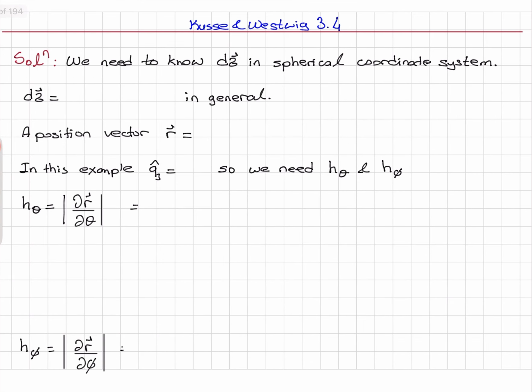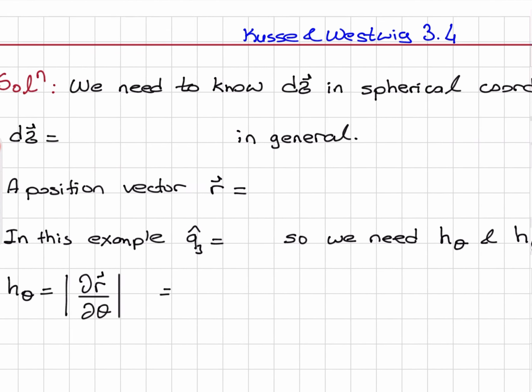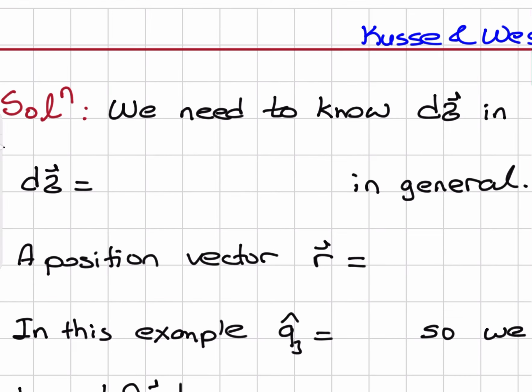So we need to know the differential area vector d sigma in the spherical coordinate system, and we know that in general the area vector d sigma is given by the scale factors h1, h2, dq1, dq2 in the q3 hat direction.